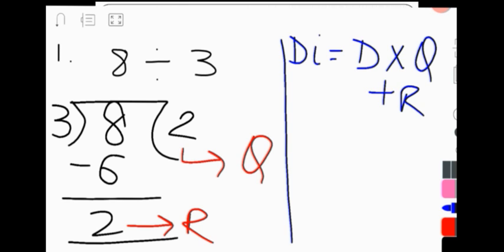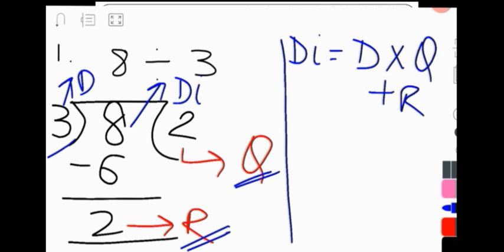First we have to identify what our dividend, quotient and remainder are. I have already written that 2 is the quotient and 2 is the remainder. The number that we write inside the home is the dividend. So our dividend is 8 and our divisor is 3.